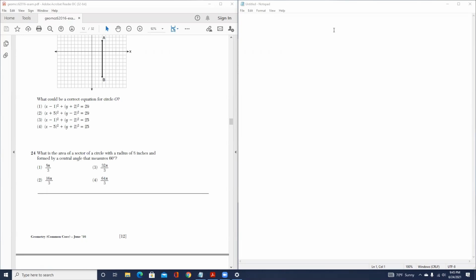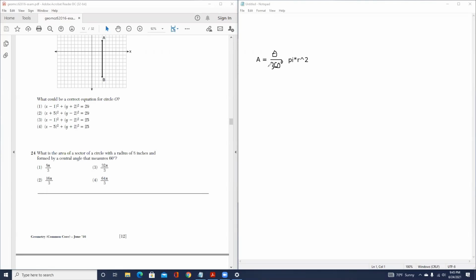So in this case, the formula is equal to... Now this is the case for degrees.